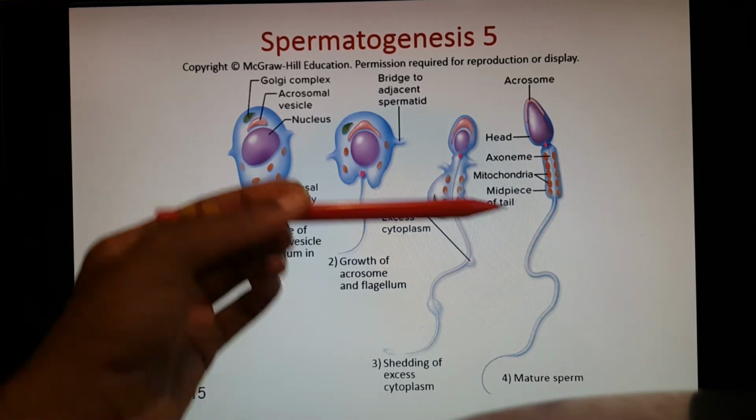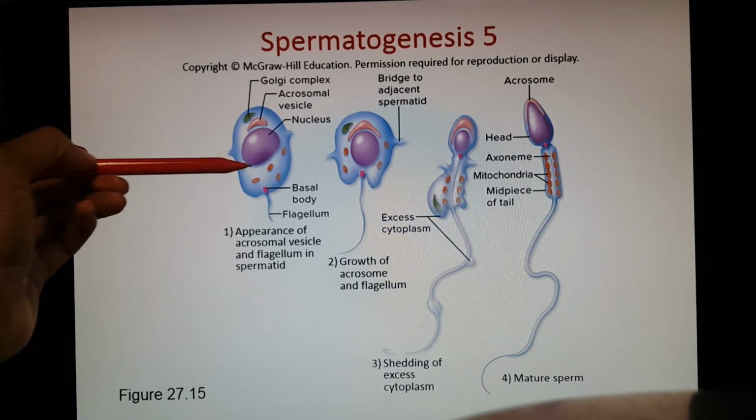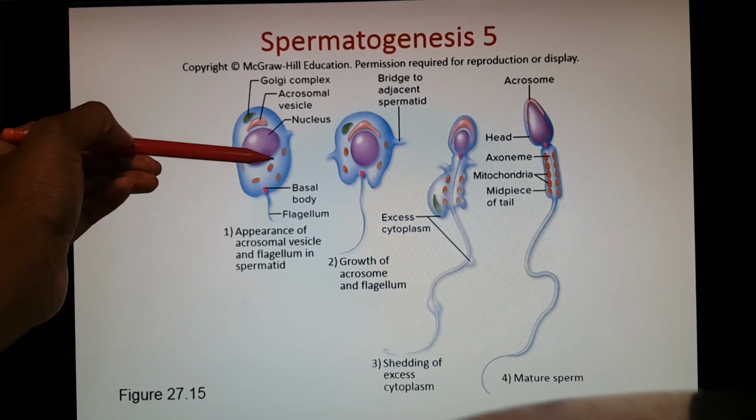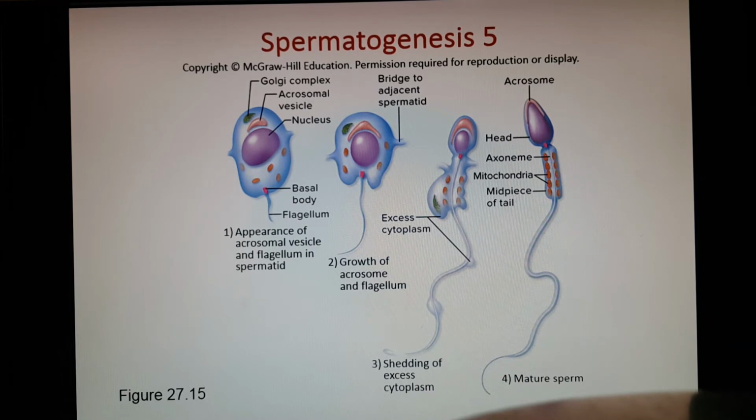The mitochondria, like I mentioned earlier, are very large and make the sperm able to not only survive the low oxygen environment inside the testes, but also the low oxygen environment in the vagina, so that it can survive for a few days until it hopefully can fertilize the egg.